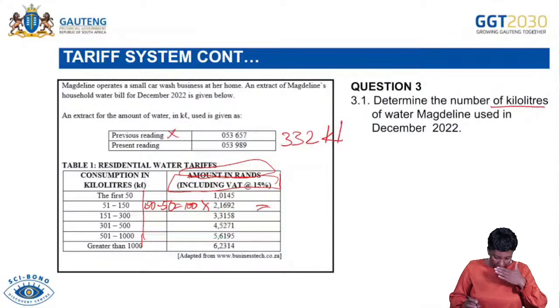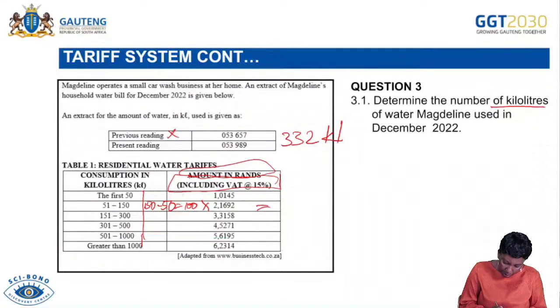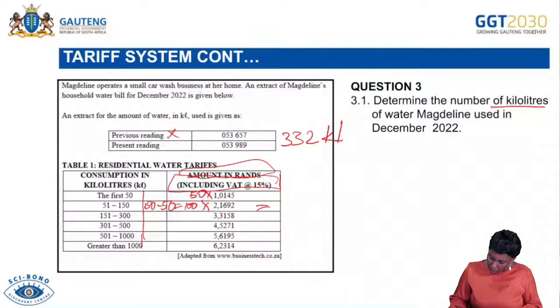How are we going to share those 332? The first block here is 50 kiloliters, and the second one we said is 100. If I want the amount, it will be 50 multiplied by 1,0145, and then I get the amount. Use your calculator.